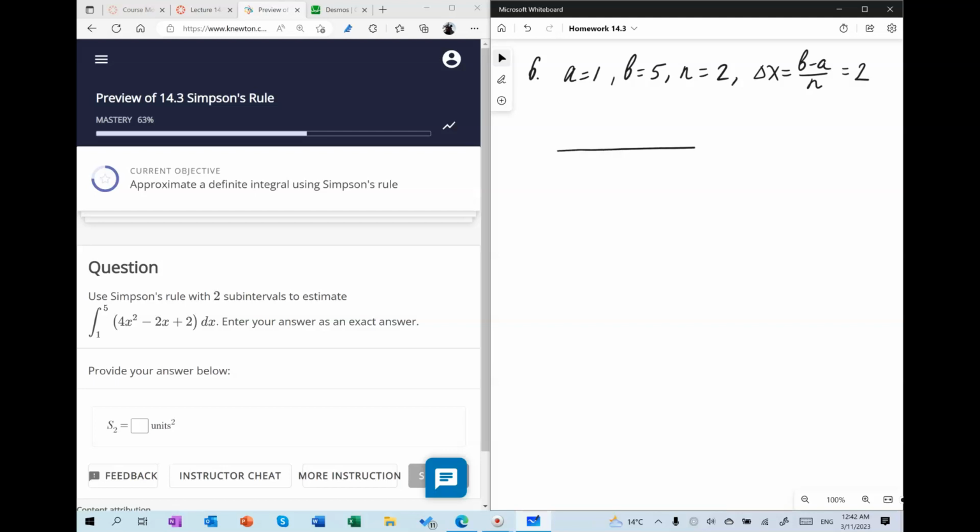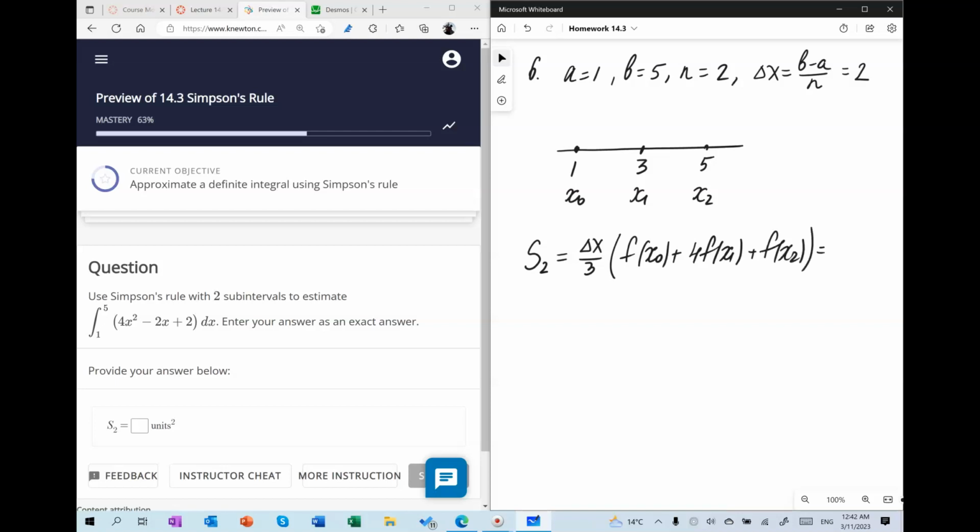So the partition will be going from 1 to 5 in increments of 2. So this is my x0, x1, and x2. And S2 will be equal to delta x over 3 f of x0 plus 4 f of x1 plus f of x2.